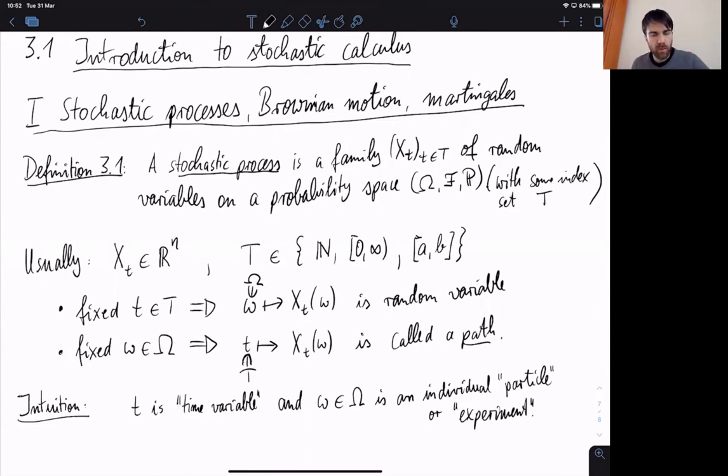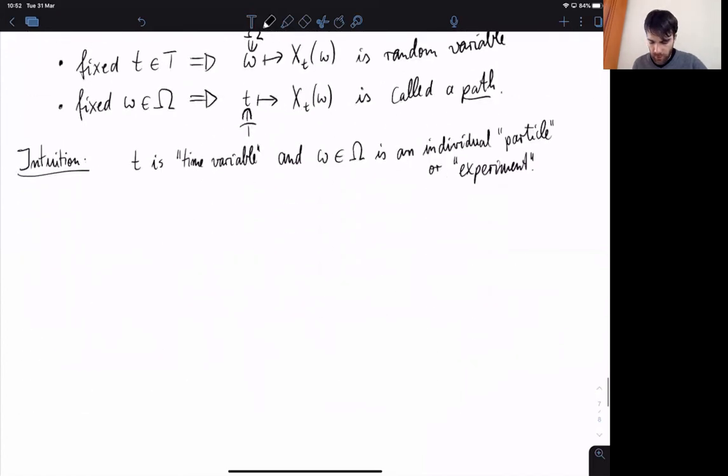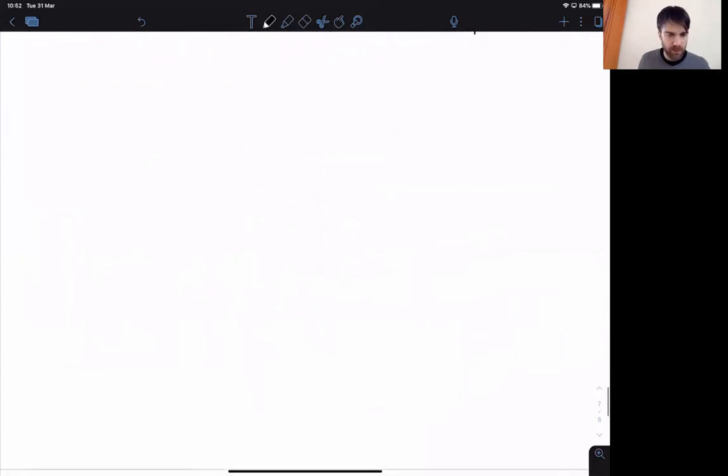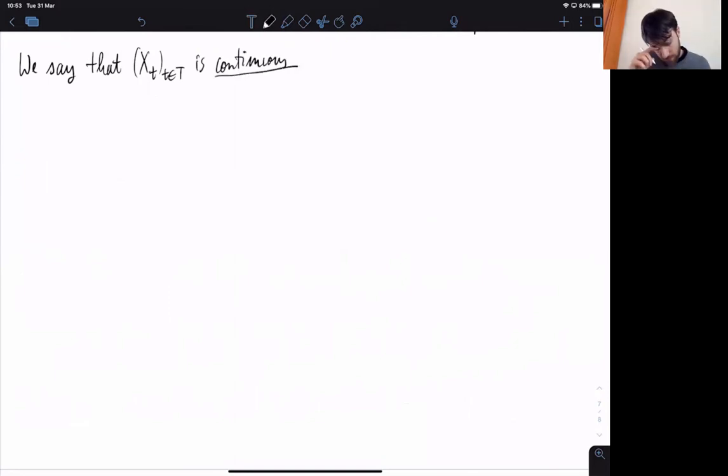And then the last thing I want to say is what it means that the stochastic process is continuous. It means that the paths are continuous functions. So I need that T has some metric structure, and also the range of the random variables, but this I want to assume now.